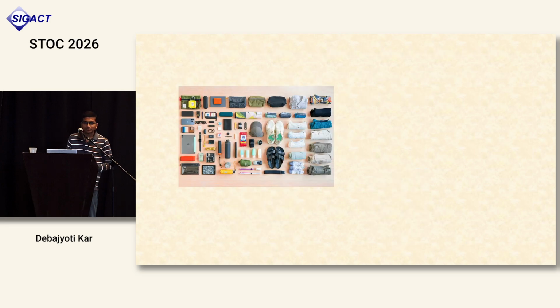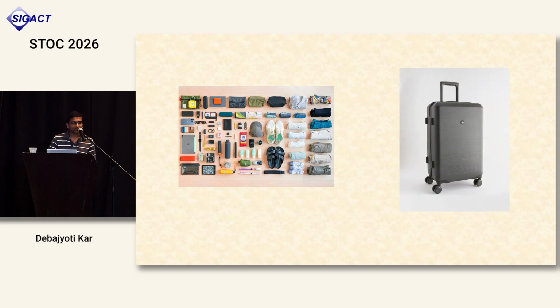Okay. So imagine you are packing your bags for a trip and you have made a list of items that you want to carry along with you. So for example, you have clothes, shoes, water bottles, electronic equipment, etc. But now your airline comes up with this strict policy of allowing just a single suitcase per person. So then what do you do?